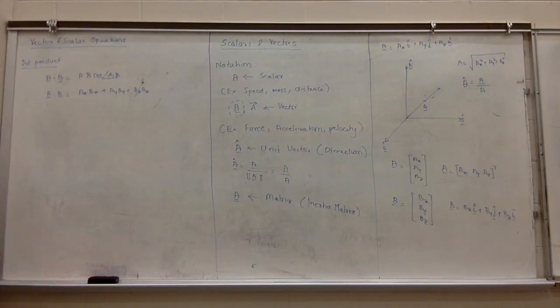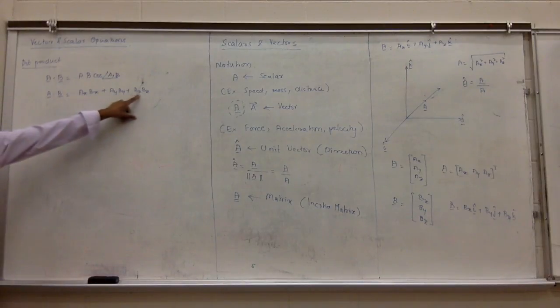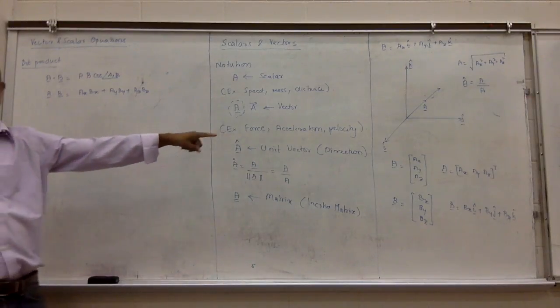There is no square root here; I'll tell you where the square root will come. So this is how you calculate the dot product if you are given that notation.